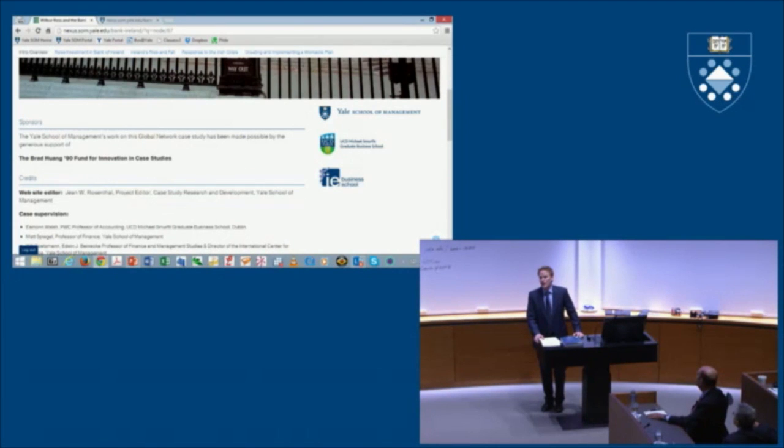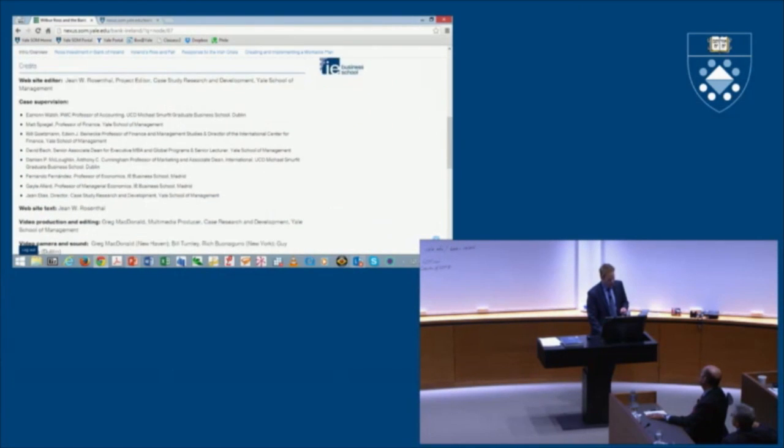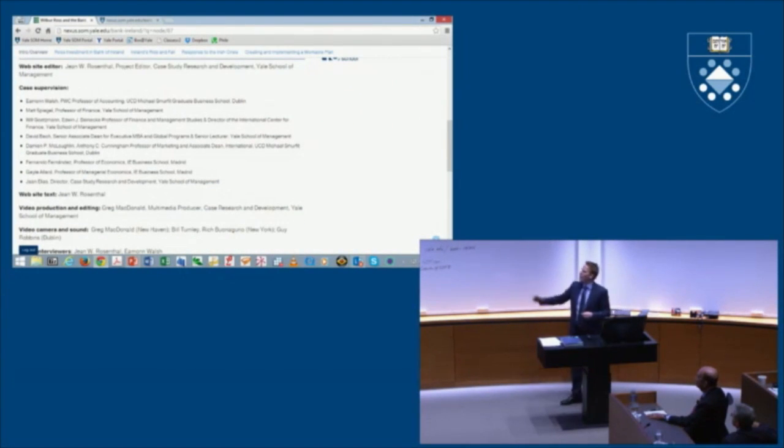That's also a novelty, because these cases are designed in a modular way. Not only can different authors contribute to them, but even different institutions. And if I scroll down a little further, you see the number of faculty members who've been involved from the 3 different institutions. You can imagine 8 faculty members together.